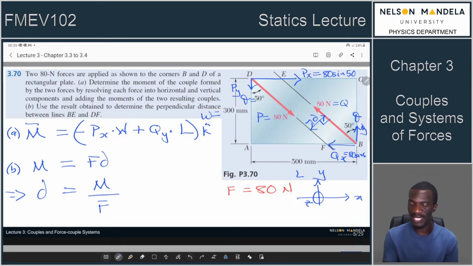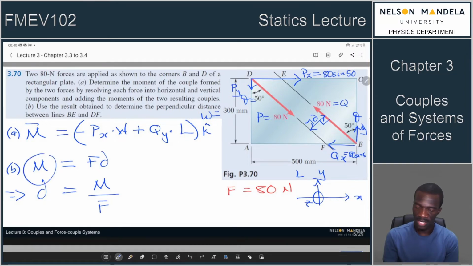Because they are the same magnitude, we can use our equation Fd, and we append the sense of rotation generated by that couple as the minus k. So Px in that direction, Qx in that direction, tend to twist this to rotate in that direction. The same applies for the reverse, where we have Qy pointed in the upward direction, and Py in the downward direction, and their separation is the length.